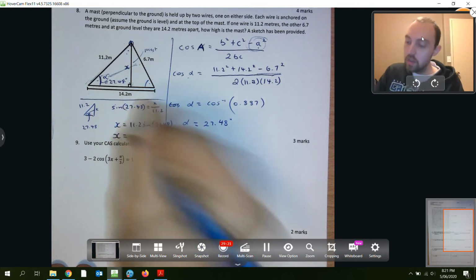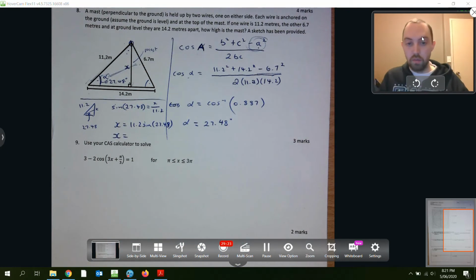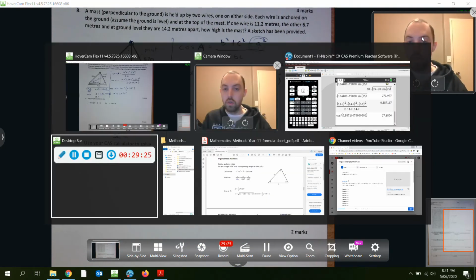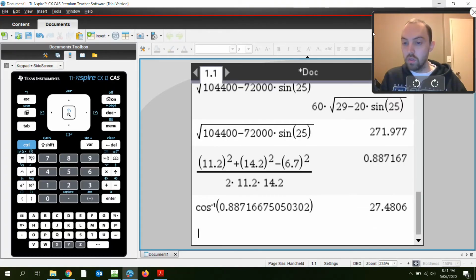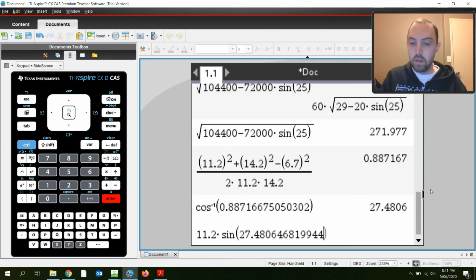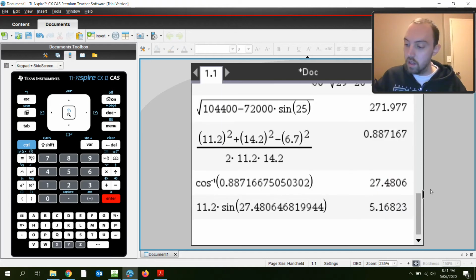So x is equal to, don't use 27.48, you want to use all of this, okay, 11.2 times sine of, 5.17 meters.